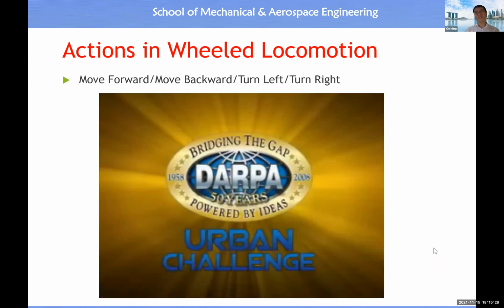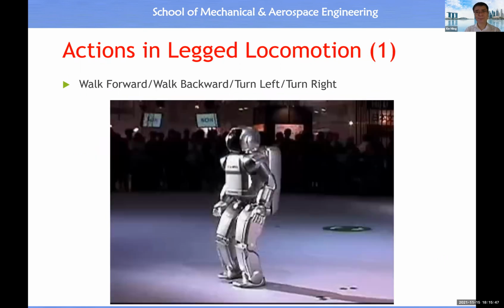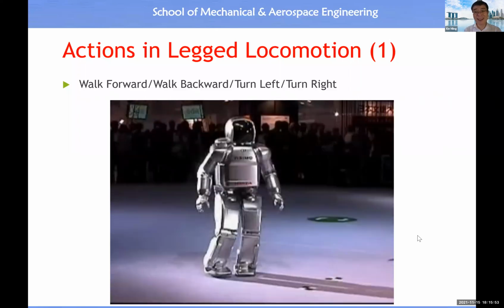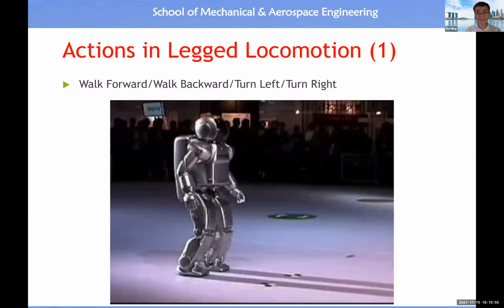Okay, so this video basically shows you the Urban Challenge organized by DARPA in the USA, and you will see the effort which is trying to transform a vehicle to become a high-speed mobile robot, all right? And the robot of today could also perform rapid locomotion.